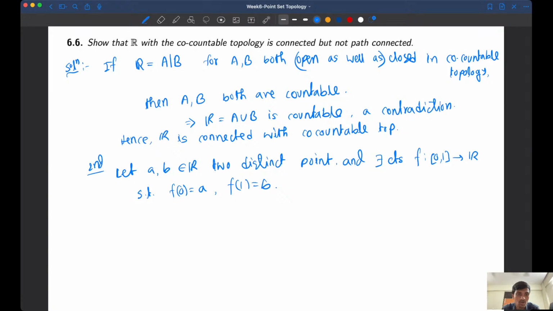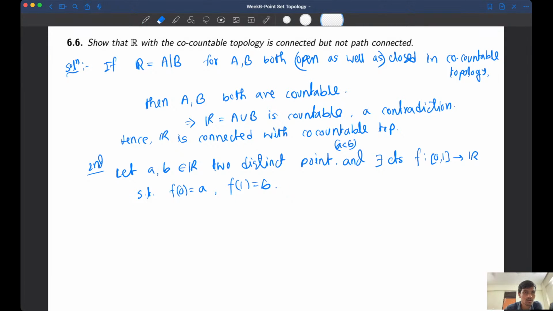Without loss of generality, let's say A is less than B. Okay, so by the intermediate value theorem, this is a continuous function from this to R, so in between these points you also have points.